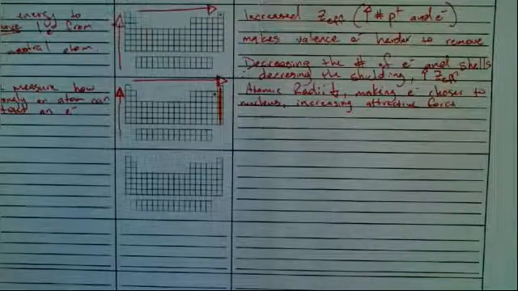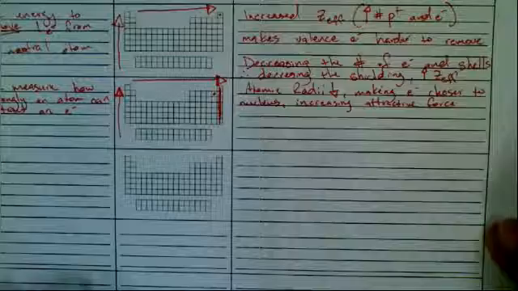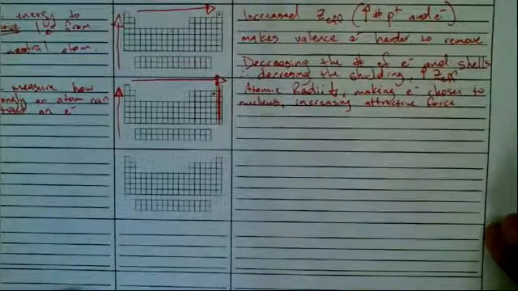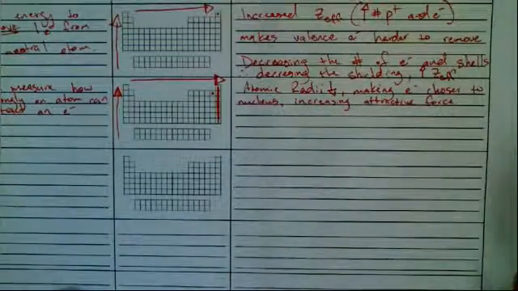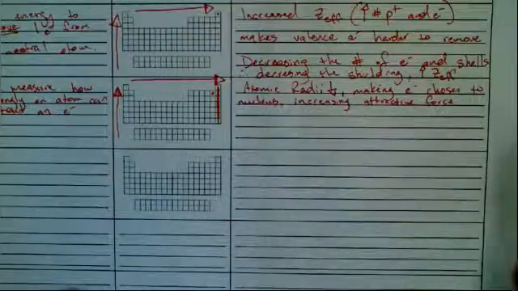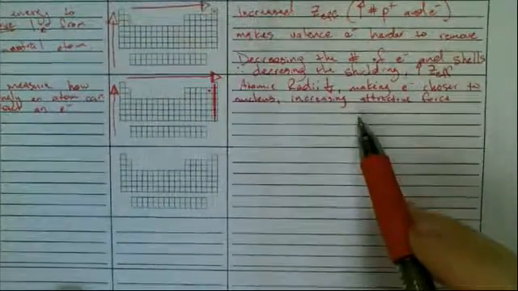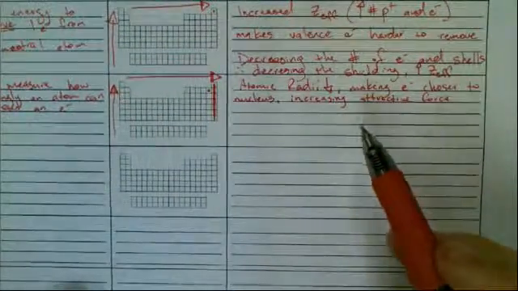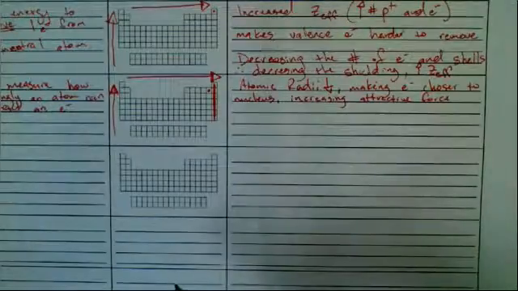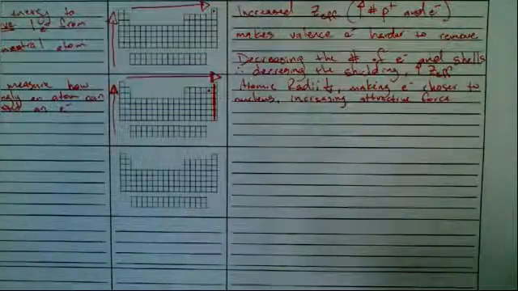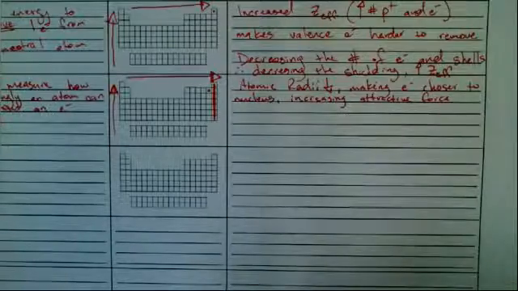Because there actually is a function based on distance. So if you're seeing the atomic radius go down, you're going to increase the hold on these outer electrons. And if you're decreasing the distance between the nucleus and the edge of that atom, any electron from a different atom now has the ability to get even closer to that nucleus.